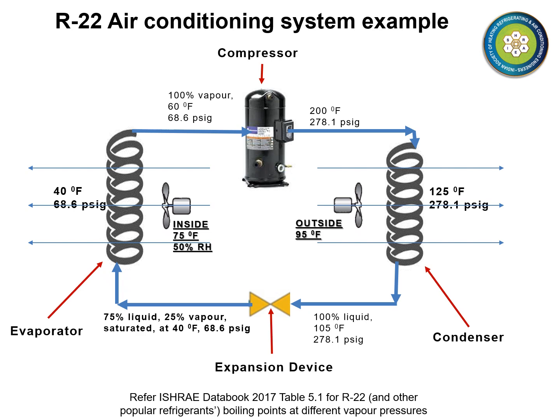The reason is that when the refrigerant passes through the expansion device, its pressure falls steeply from 278.1 psig to 68.6 psig, and it keeps boiling, absorbing latent heat from the liquid and lowering its temperature all the way down to 40 degrees Fahrenheit, which is the temperature at which its saturation vapor pressure is 68.6 psig.